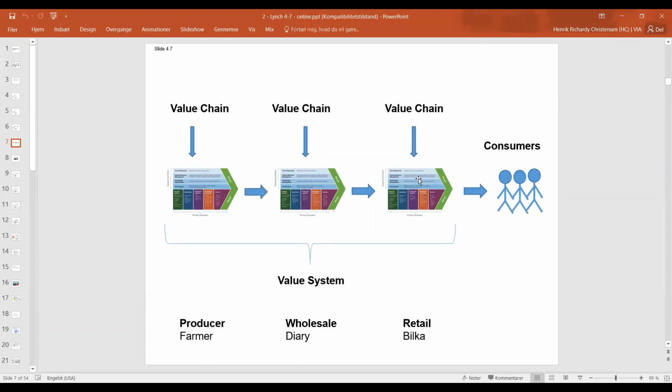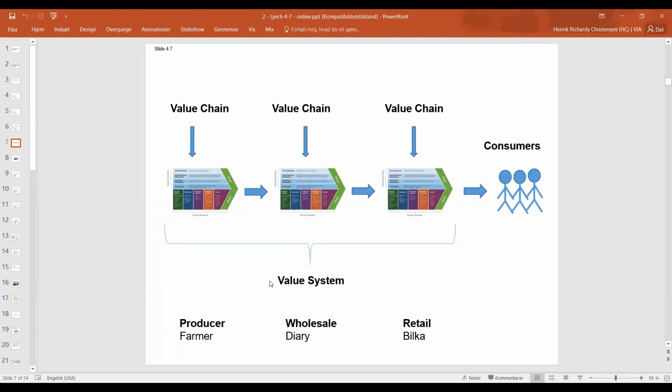So each company has its own value chain. And when you start to combine these value chains in a row here, then we start talking about a value system. So a value system is a connection between different companies' value chains.